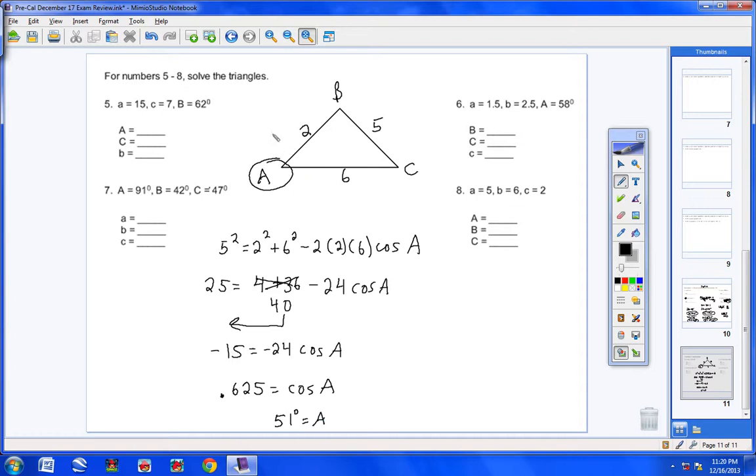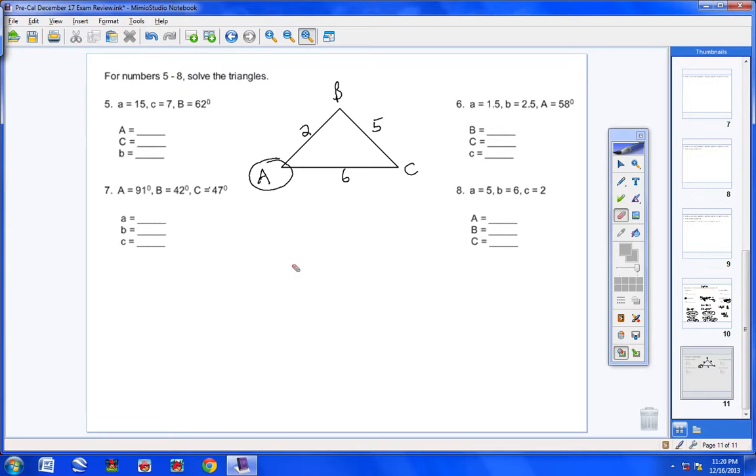So I'm going to come up here and put 51 degrees for angle A.